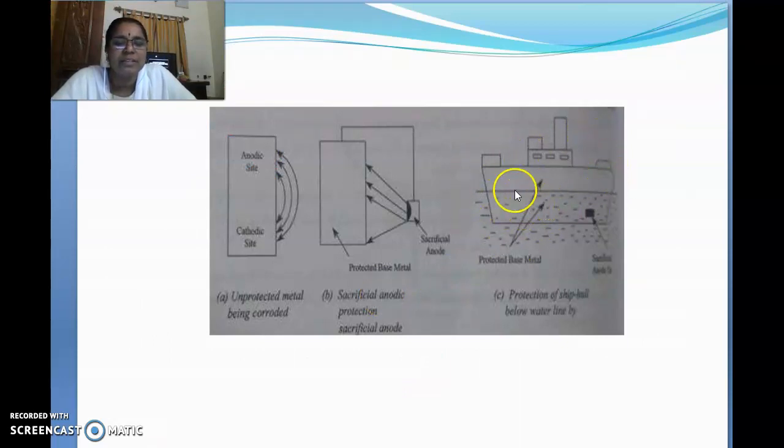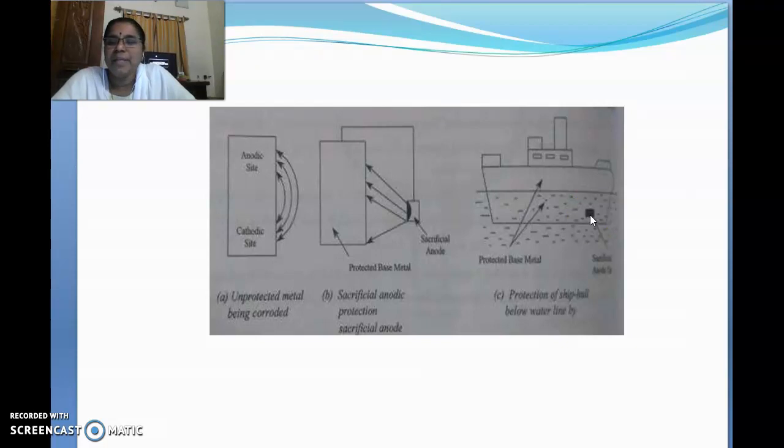See here, a ship, half of it; imagine this is present in the sea water. In order to protect this ship hull, somewhere else you have to connect a more anodic metal.